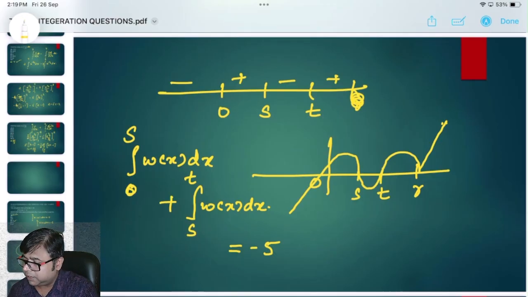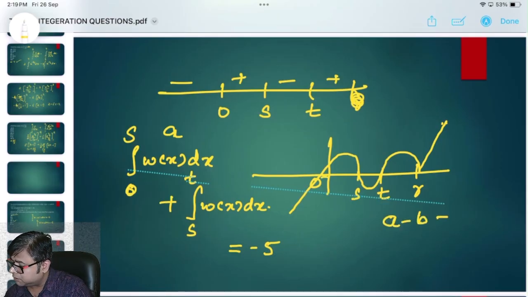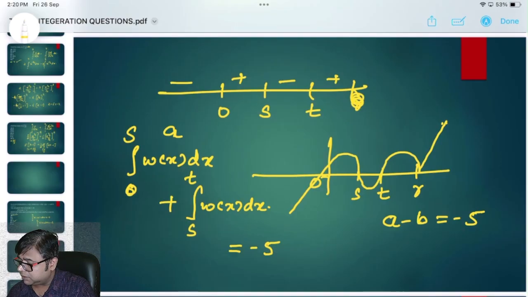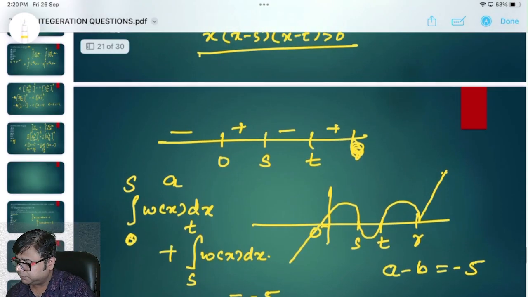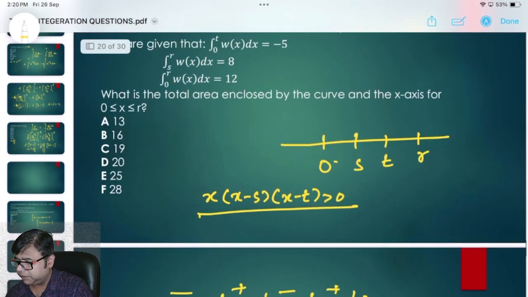So suppose I say this is A. The area from 0 to S is positive, but from S to T it is negative. So my equation becomes A minus B is minus 5. This is one equation that I have got. Why am I taking minus B? Because this is negative. So A minus B is minus 5.